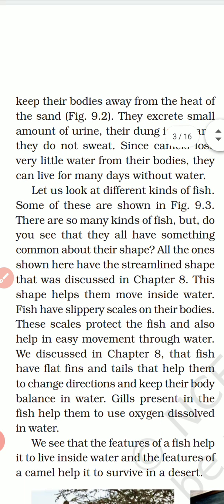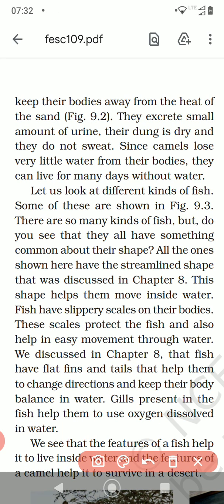Please underline, children. Camels have long legs which keep their body away from the heat of the sun. So when you have long legs, your body is away from the heat. This is the first one. Second, they excrete a very small amount of urine.